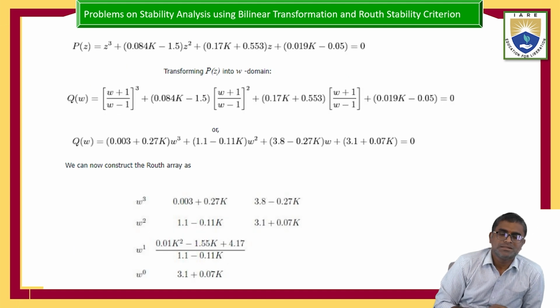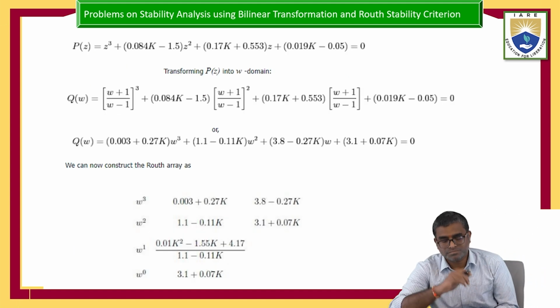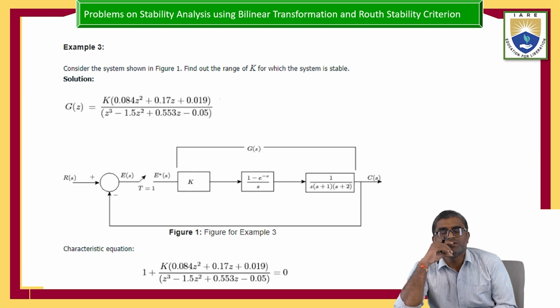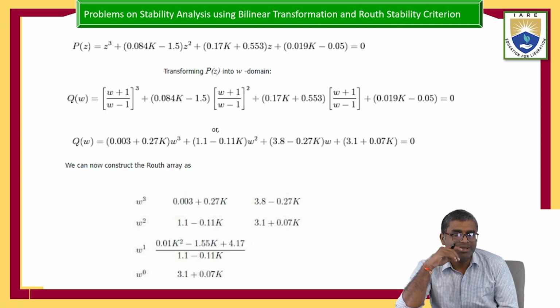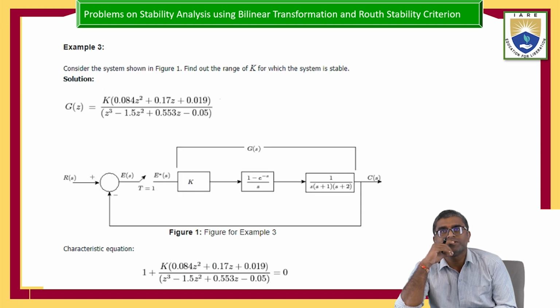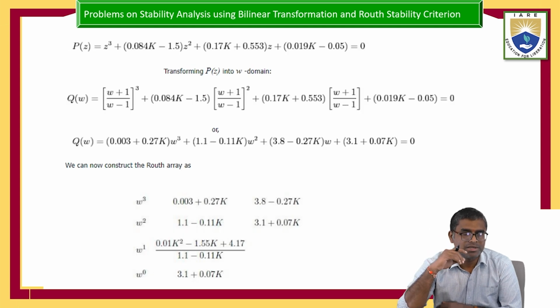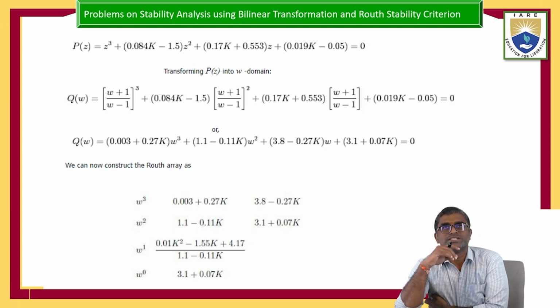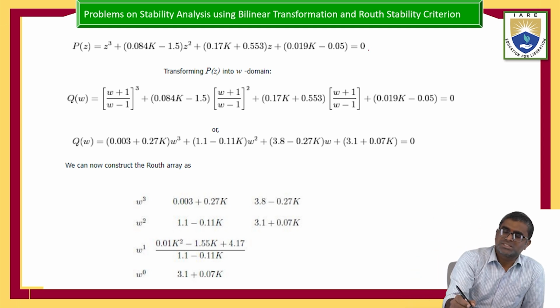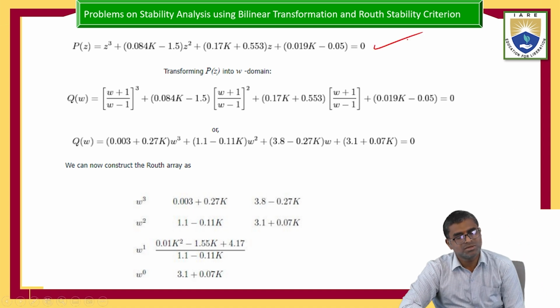Now, coming to the denominator part, Z cube minus 1.5 Z square plus 0.05 Z minus 0.05, plus K into the formation is coming. So the characteristic equation is 1 plus G of S by H of S equal to 0. Then you take the final value, and it comes to Z cube plus 0.05 like this.